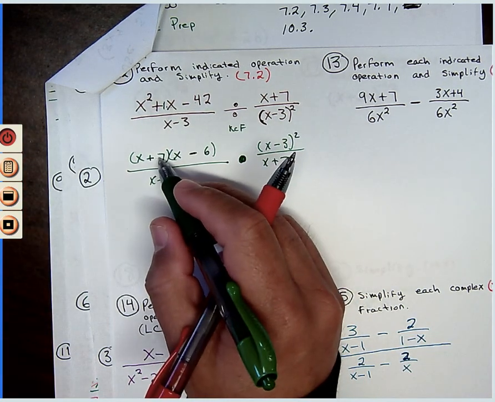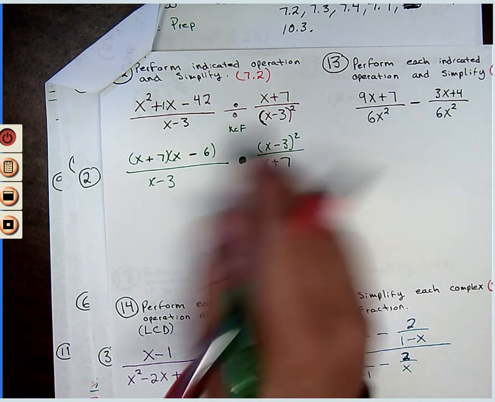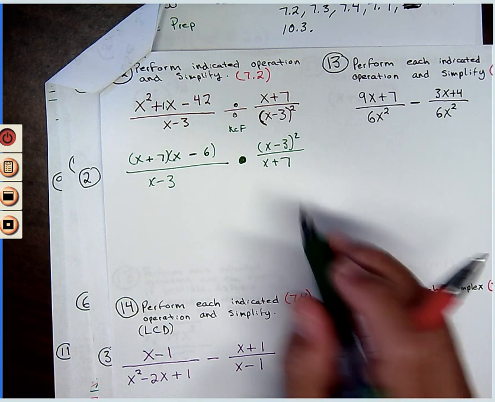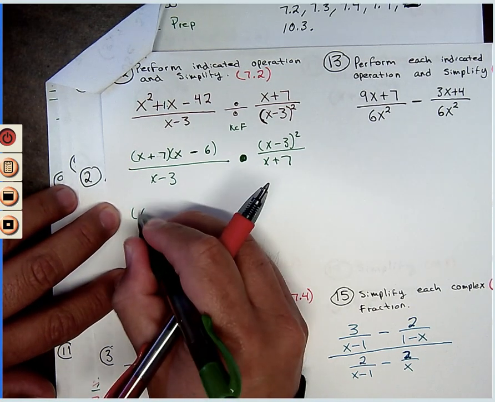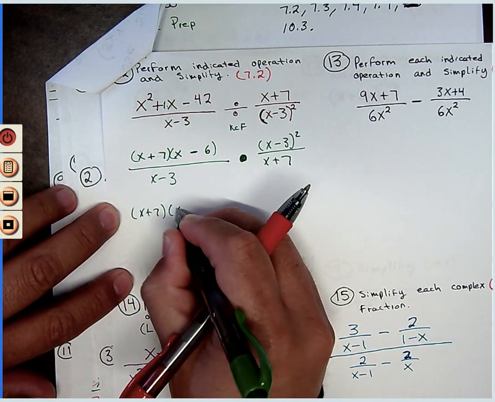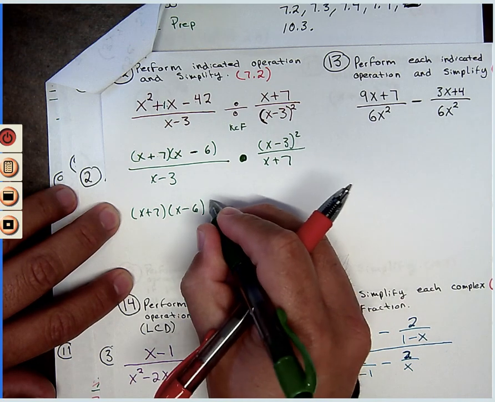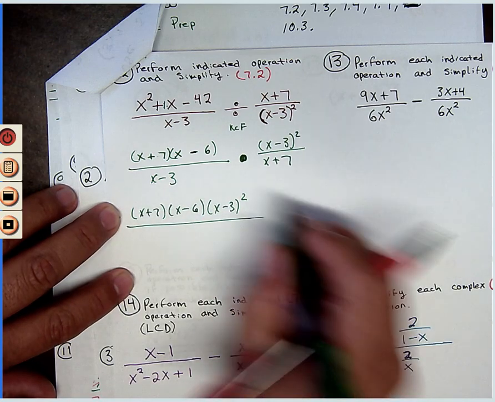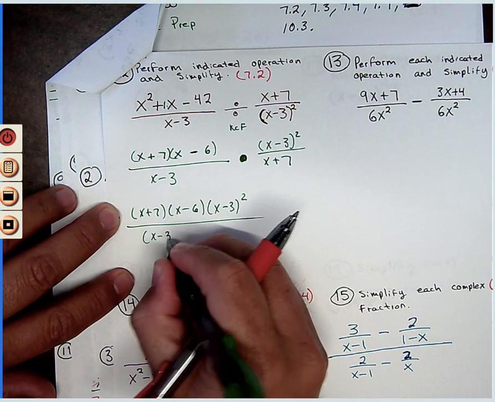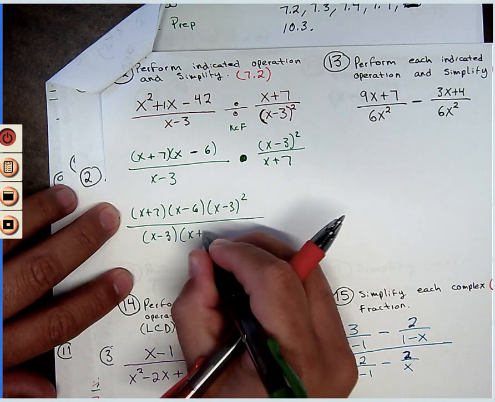So the positive number is a bit bigger. And we have it set up now. So after that, just combine everything: x plus 7, x minus 6, x minus 3 squared. So this is the numerator. This is x minus 3 and x plus 7.